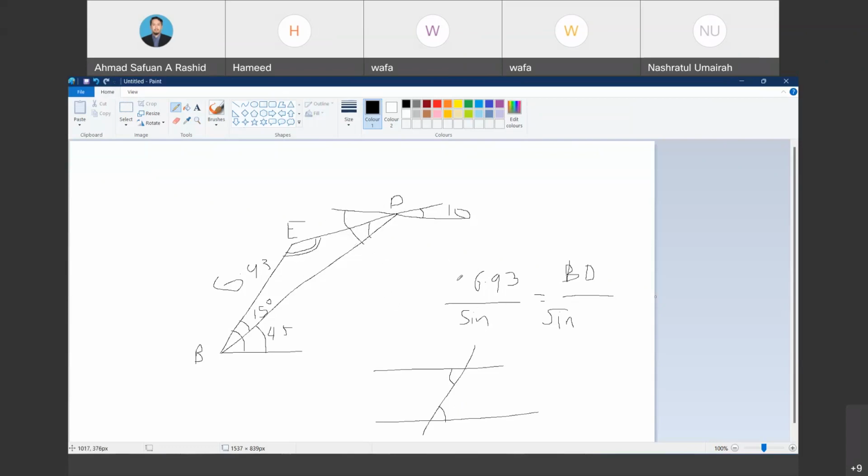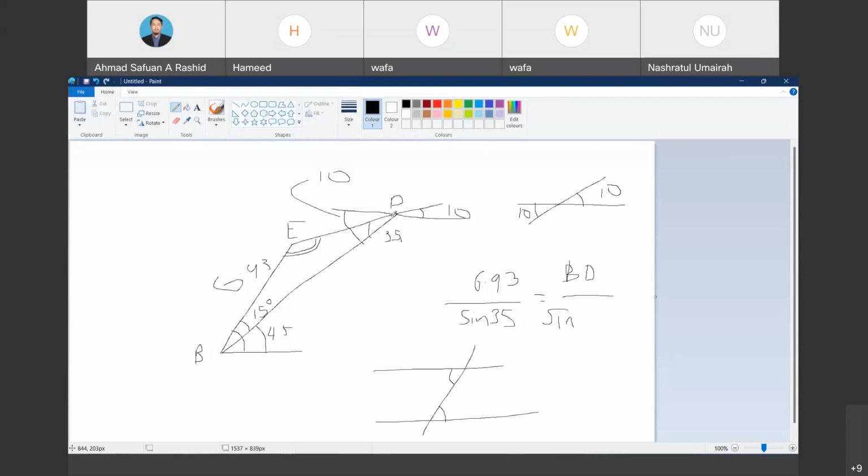Using another concept of degrees in a line, if this is 10, this also should equal 10. So 45 minus 10, this should be 35. So we already obtained 35 for the first degree that we want to get.